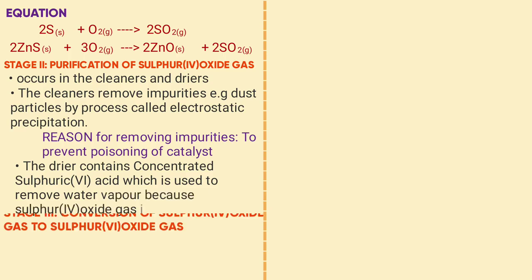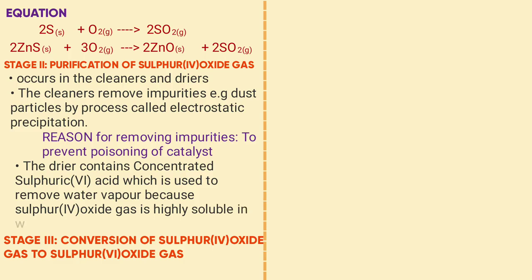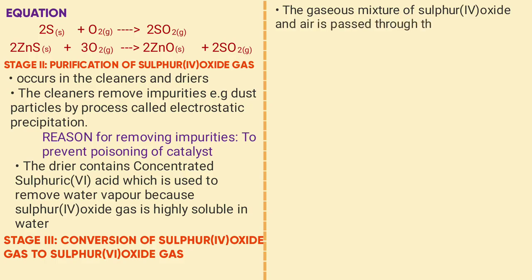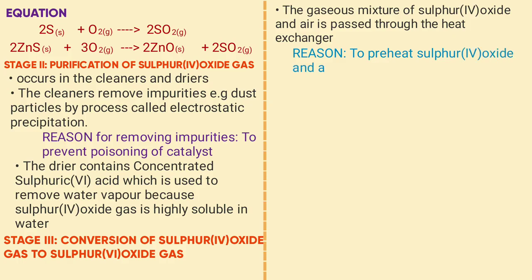Now, stage 3 is catalytic conversion of sulfur dioxide to sulfur trioxide. The gas mixture of sulfur dioxide and air is passed first through the heat exchanger. Reason: to preheat the mixture of sulfur dioxide and air to attain suitable reaction temperature.